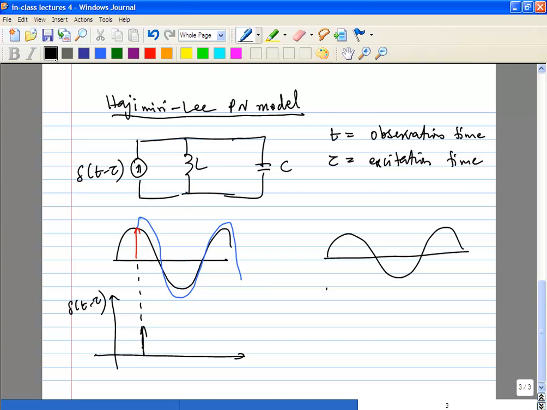Similarly, inject something here, we'll get this, and the phase of the oscillator will change. So we know this.